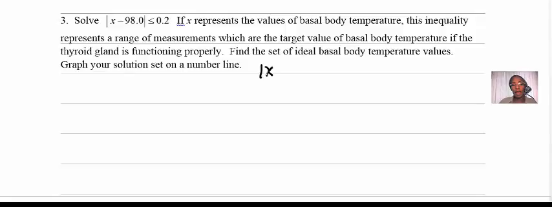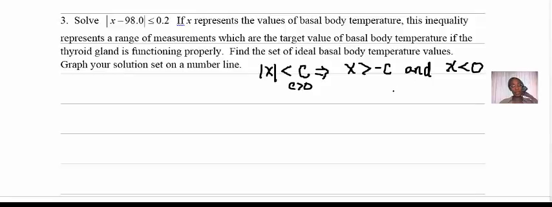If I have the absolute value of some algebraic expression and it is less than a positive constant c, then x has got to be greater than a negative c and at the same time less than a positive c.